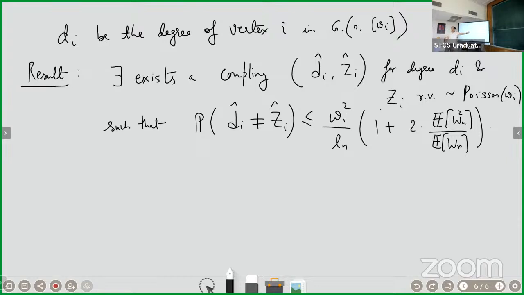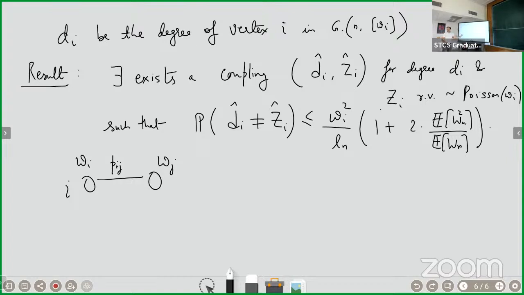So what is it telling you? Something very interesting: they're not too far apart. What really happened in this graph was that this node i had a weight w_i, and for a node with weight w_j, it connected with probability p_ij. All this is saying is that I don't really care what these w_j's are.